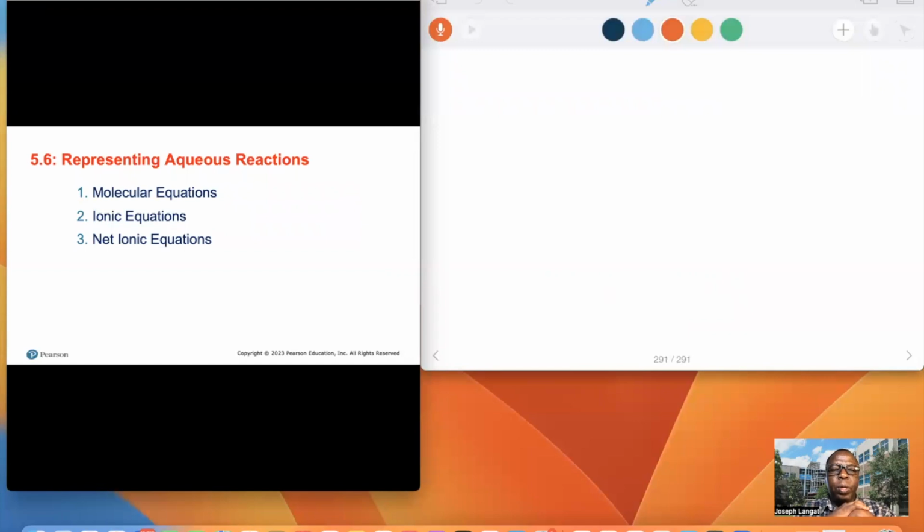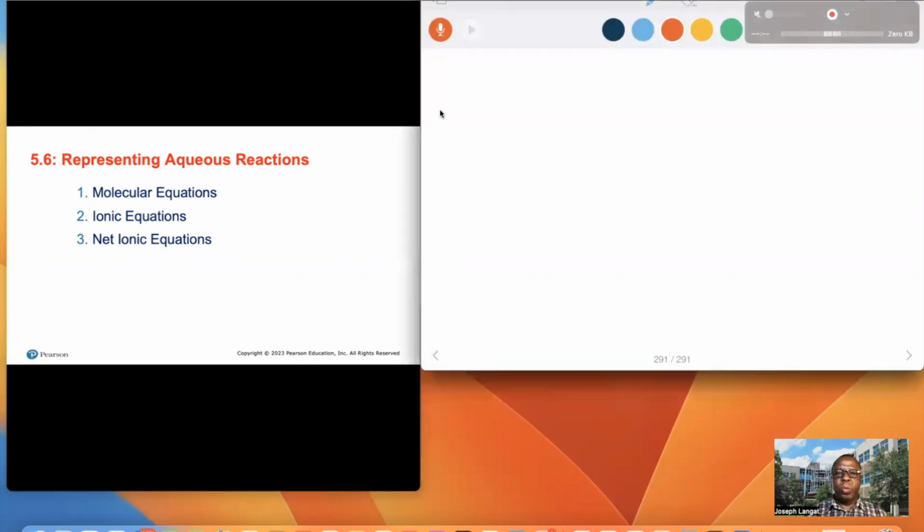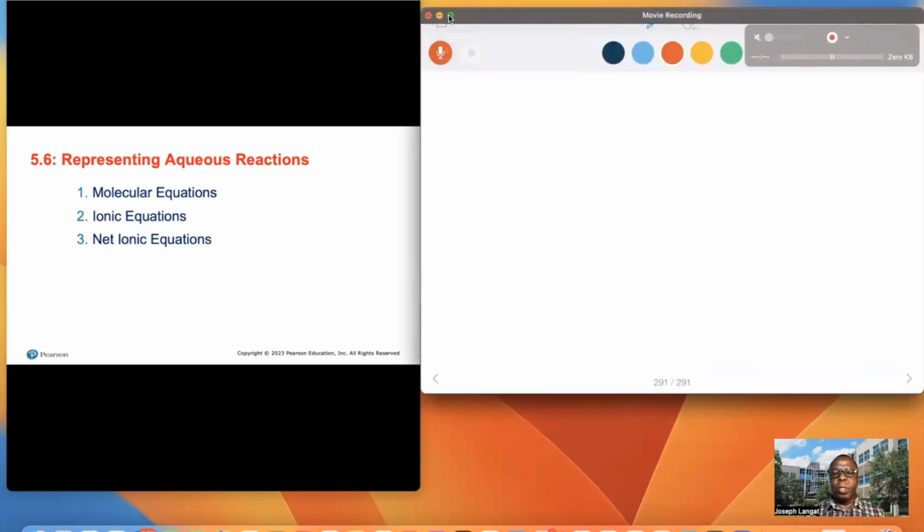There are 3 types of equations you need to learn: molecular equation, ionic equation, sometimes called total ionic equation or complete ionic equation, and net ionic equation. For example, here, I will show you how to write them.